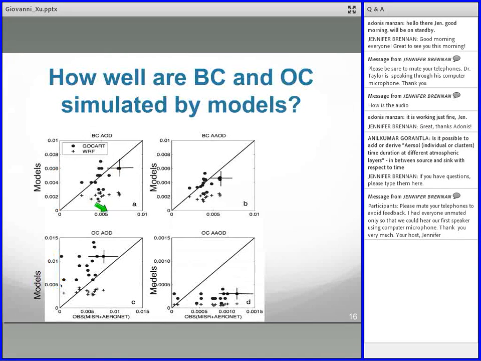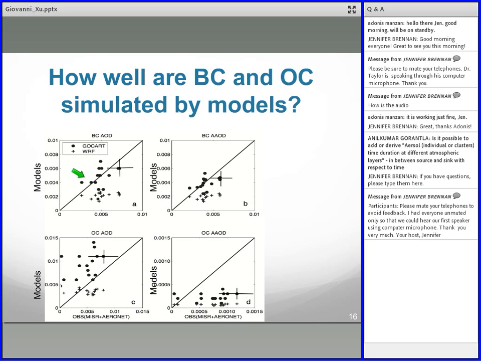So another way to compare the model versus observation is by looking at the one-to-one scatter plot. Here each dot is a seasonal estimate of AOD and AAOD. On the x-axis is the observation. On the y-axis are estimates from two models, the global model GEOS and the regional model WRF.